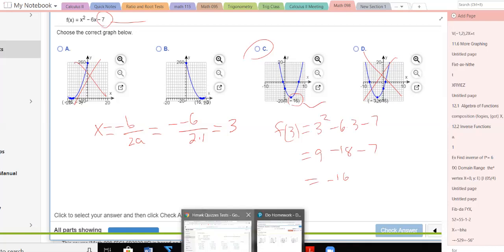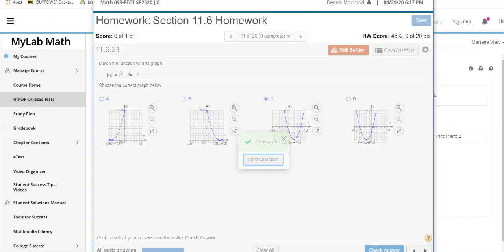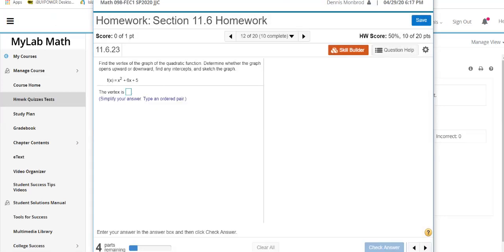And let's go back over here. Get that in there. This was our answer here. Check the answer. There we go. Okay, so here they're asking a little bit more. Find the vertex and determine if the graph opens upward or downward.